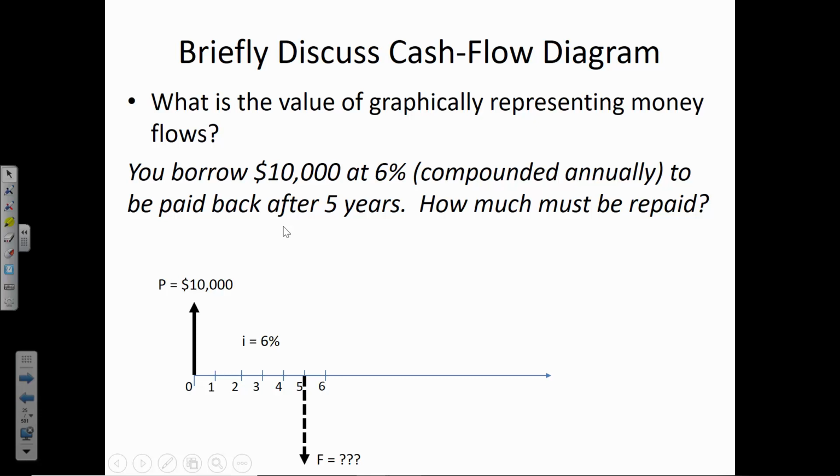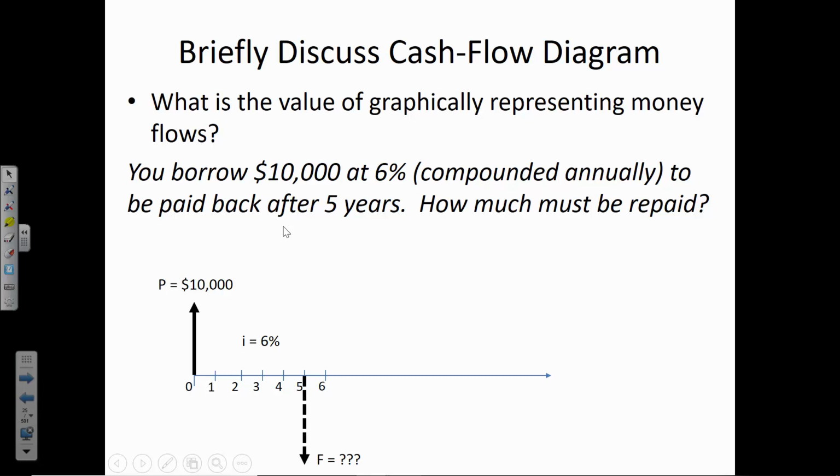But now consider the text versus the sketch. The text you can read, and everybody here is capable of figuring it out. But with this, once you get used to reading cash flow diagrams, in about half a second you can see and instantly understand what kind of problem this is and start to think of how you're going to solve it.